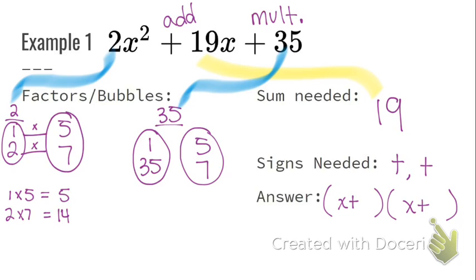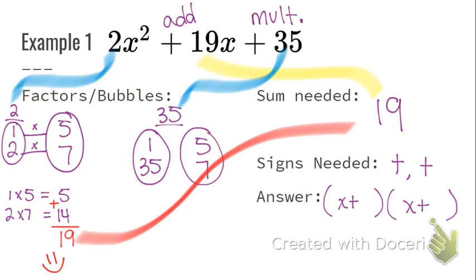Now these two numbers I get on the end are what I'm adding together. And of course, 5 plus 14 gives me 19. Which makes me happy because that matches the 19 from the sum that I needed.